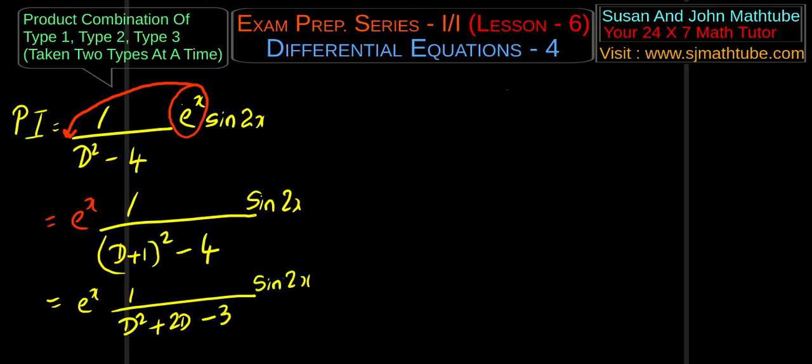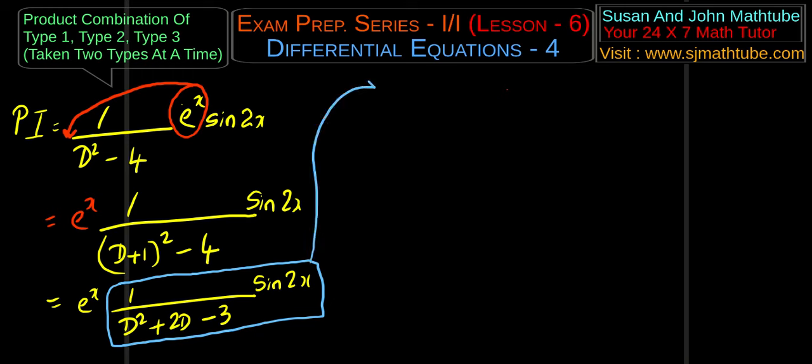Now I can leave at this point because this is something very easy for you. Type 2, this is clearly the particular integral for type 2, it's the same thing. So what we do is, what is the argument? 2x. So we write 2 and then square that quantity and then take negative of that quantity and we replace D square with minus 4.